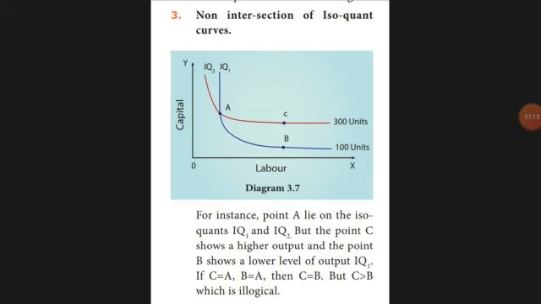So if we have to compare, we compare C with A, then B with A, then C with B. We keep on comparing. C cannot be both greater than and lesser than B, it is illogical.